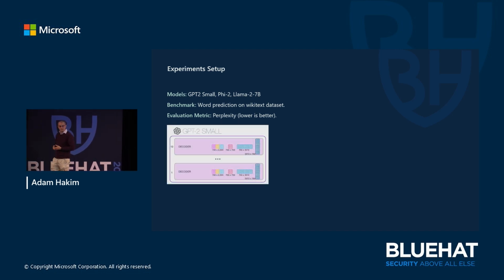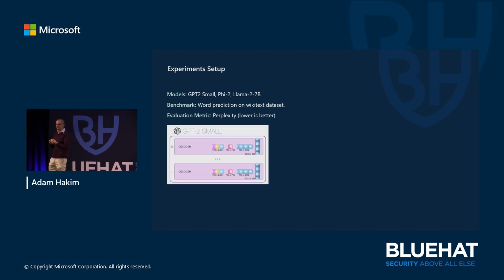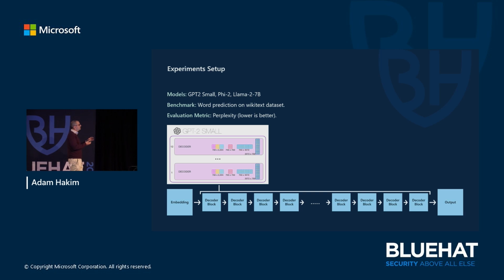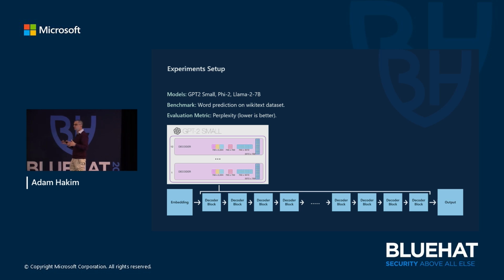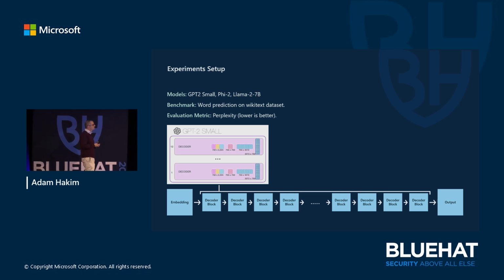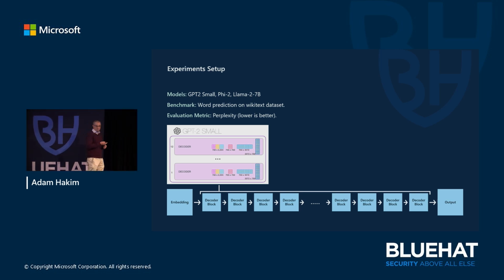And here's the architecture of GPT-2, just so you understand a bit how it looks inside. GPT-2 essentially has an initial part, which we call the embedding layers, and then 12 identical decoder blocks, which have identical architecture but different parameters inside them. And finally, there are some output layers at the end.